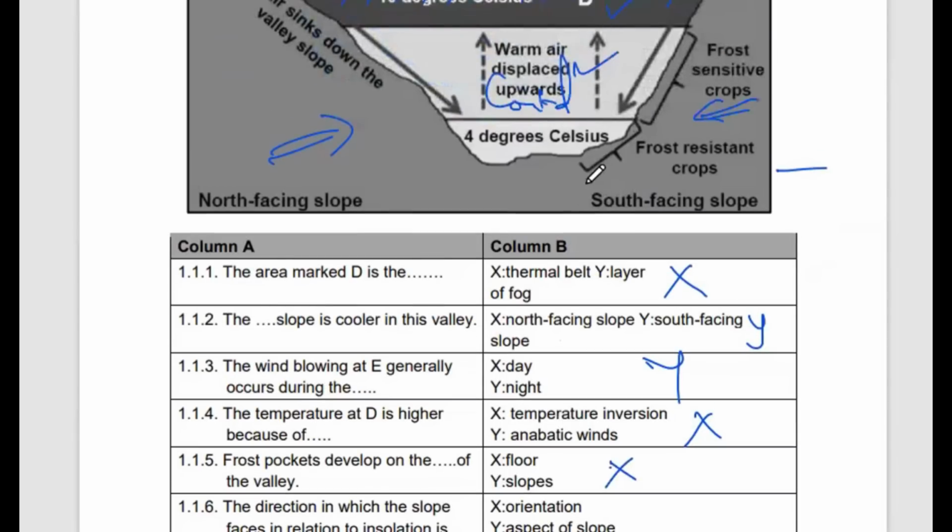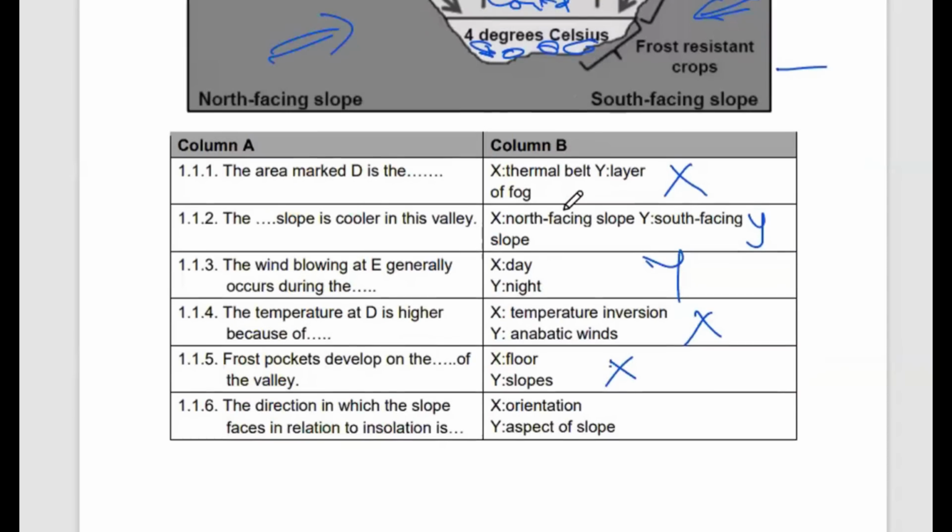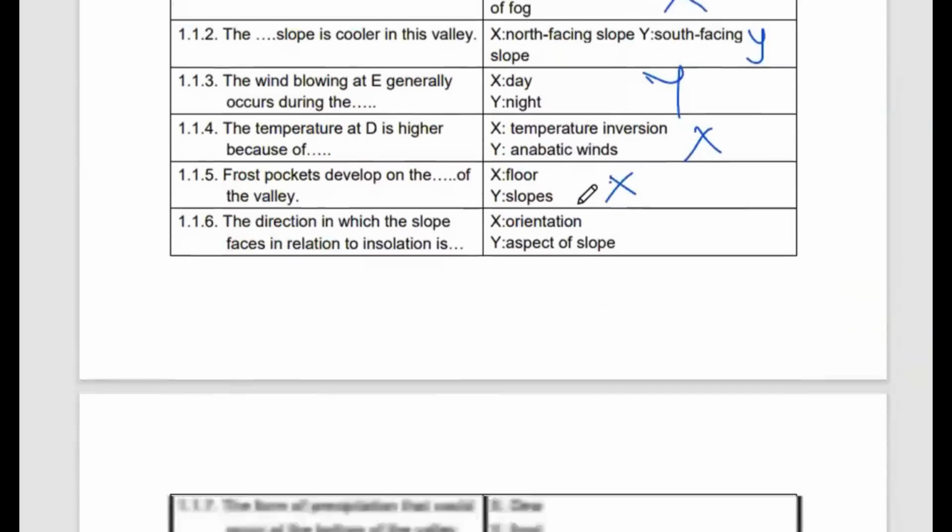We tend to find that with frost pockets, there is accumulation of ice on the valley floor. That is when the temperatures are excessively low and below freezing point, the moisture in the air will freeze to form pockets of frost, which we call frost pockets.